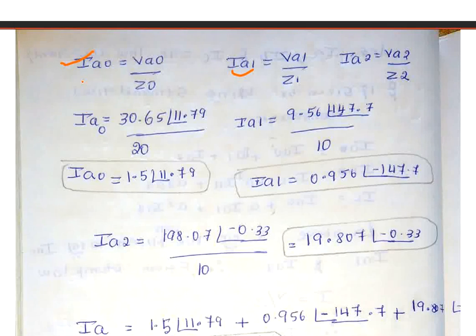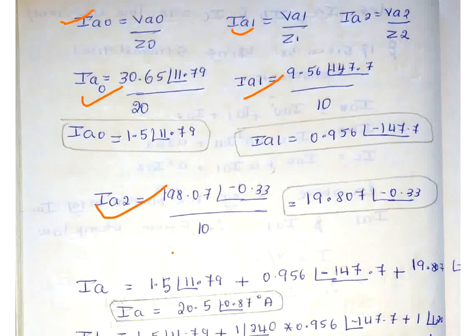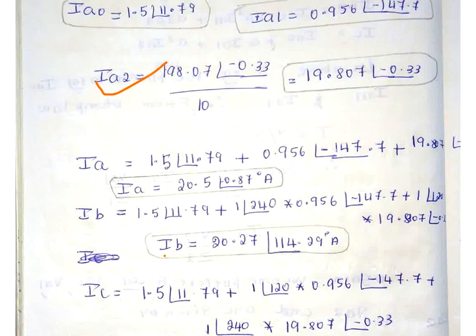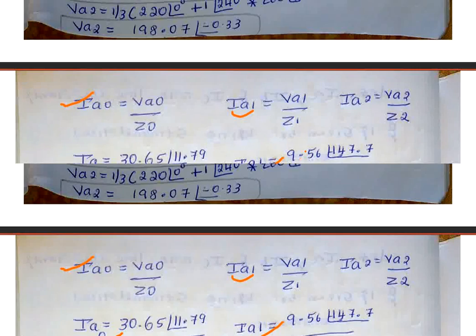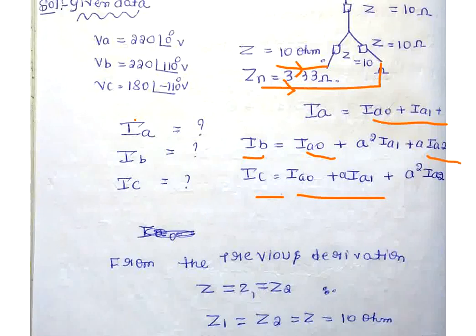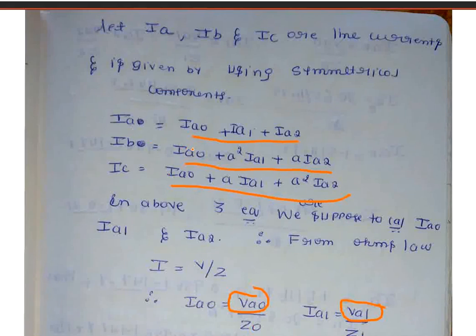Similarly IA1 and IA2. Once you get the values of IA0, IA1, IA2, apply them in the IA value. IA equals IA0 plus IA1 plus IA2.